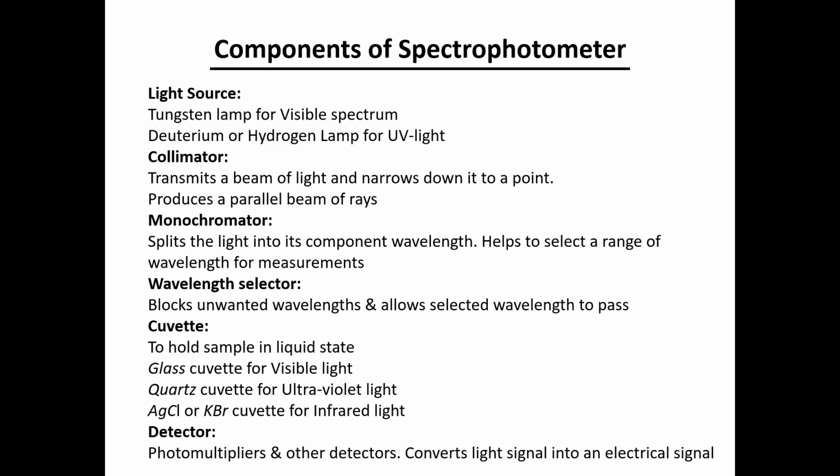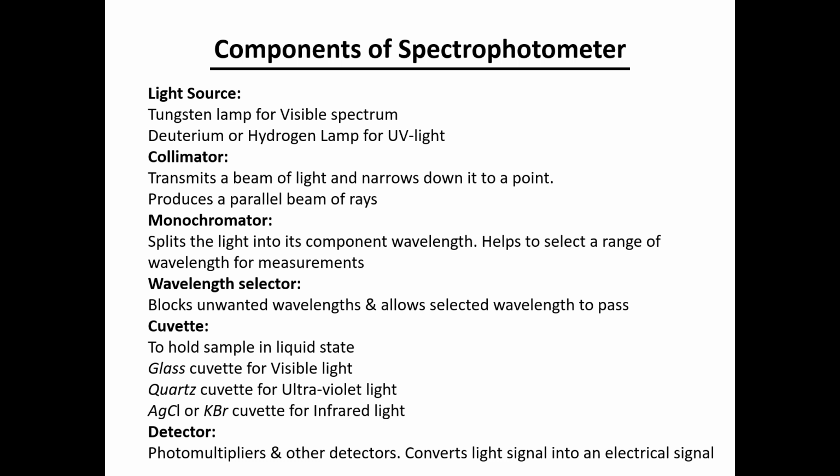So it splits light into component wavelength, and wavelength selector select certain type of wavelength and block other unwanted wavelength of light. Per sample in the form of liquid, cuvettes are used.